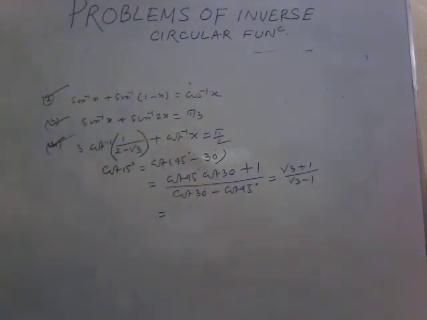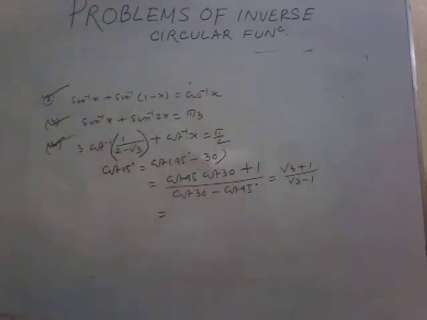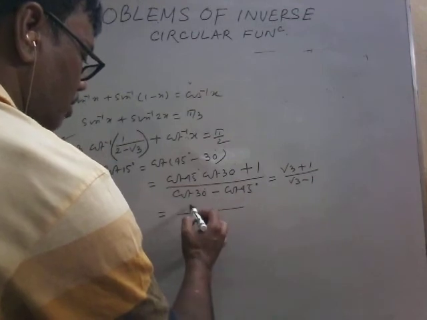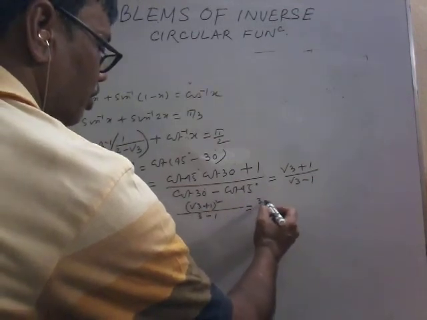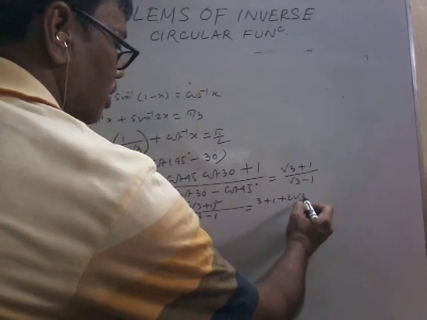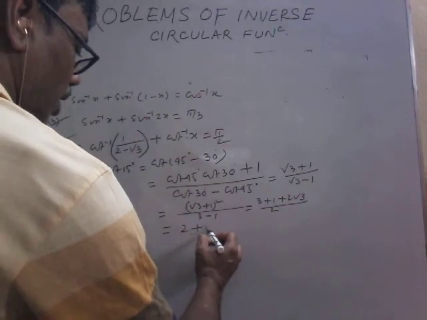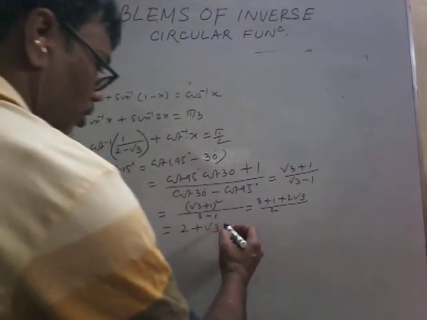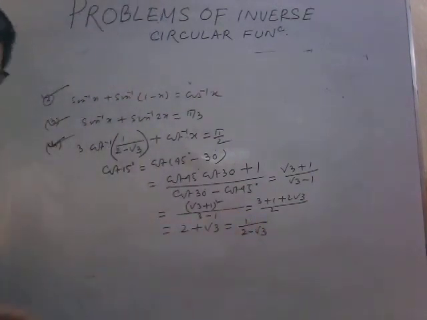Now in general, we rationalize the denominator. But here also we rationalize the denominator. So this is 3 minus 1, root 3 plus 1 whole square. So 3 plus 1, 2 root 3 by 2. So what are you getting? 2 plus root 3. Value of cot 15. So you can write it also as 1 by this.